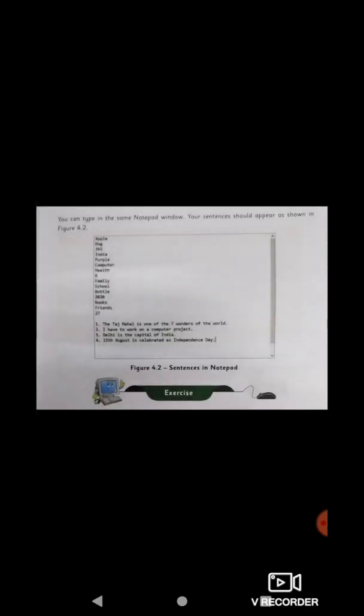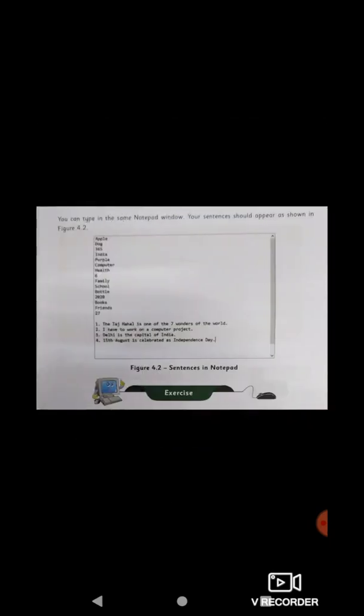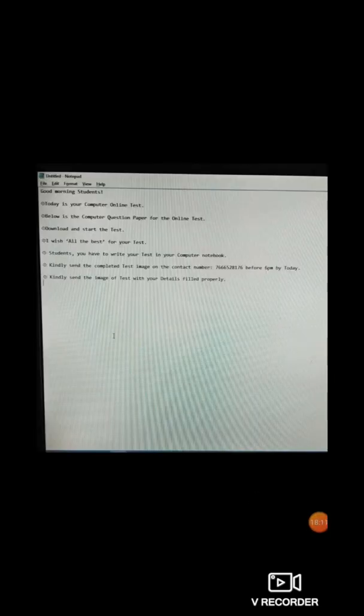And in the third picture, it's the combination of both words and sentences. So we will practice this. This is what it is telling us to do in practice.